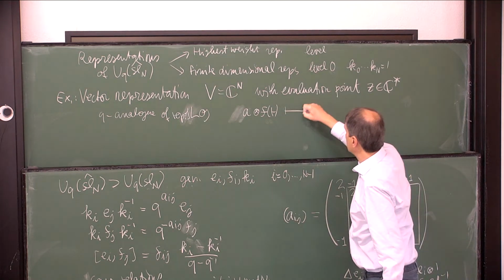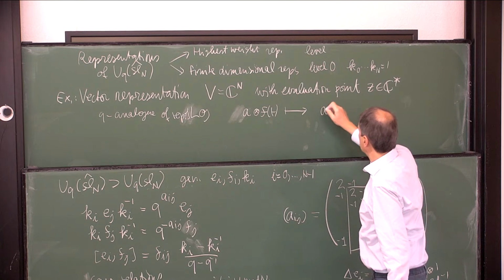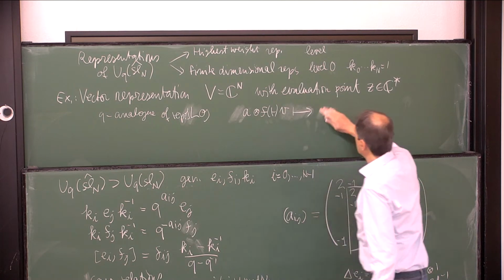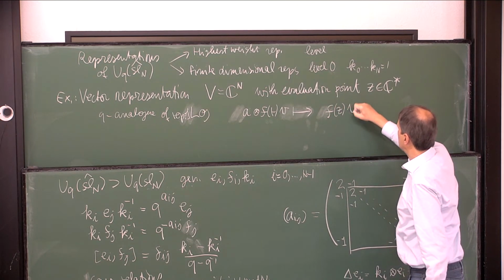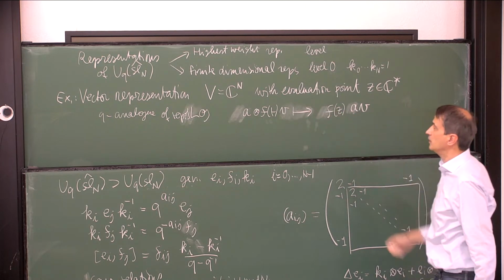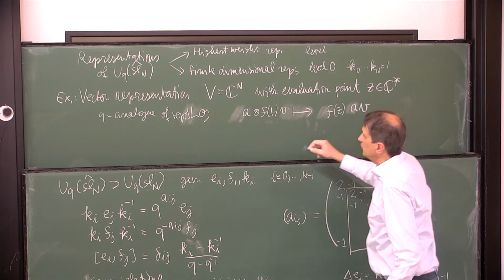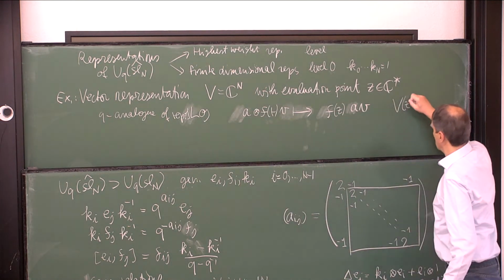It maps it to A acting on a vector V. You evaluate it at a point z, and you act with the vector representation, the usual defining representation for SL_N, on V. Right, so this would be the vector representation V of z.